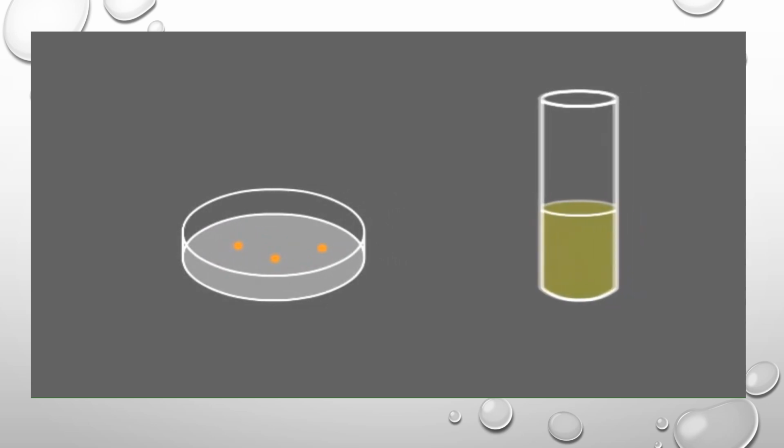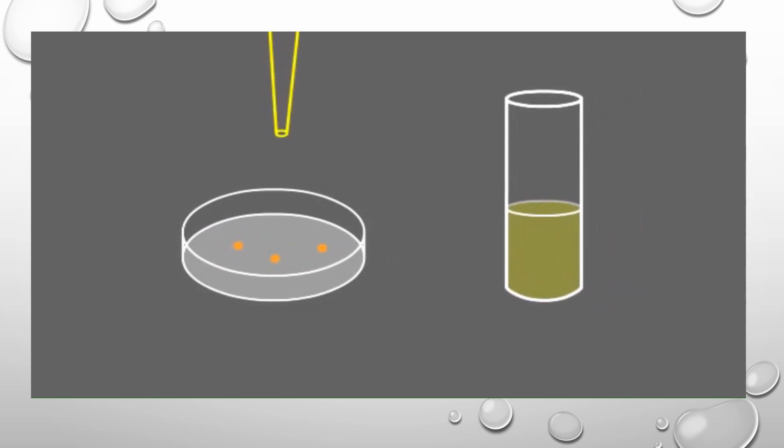The selected clones are then individually picked, grown even further in a liquid medium, and the DNA is extracted from them.